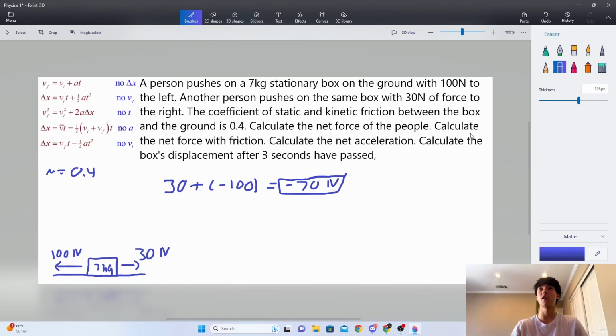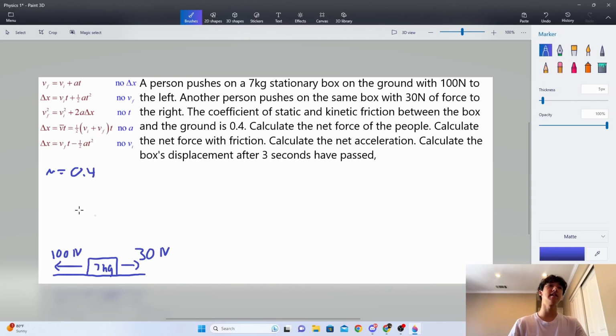That is the net force done by the people. So that's super easy, and the reason why we need to know that is because now that we have this negative 70 newtons to the left, that's where it's moving. Sorry, we're moving negative 70 newtons to the left.